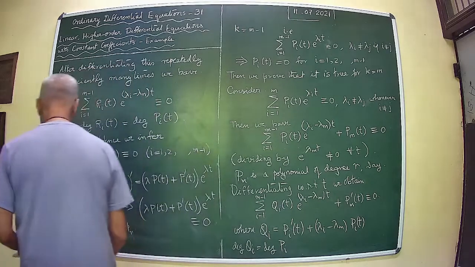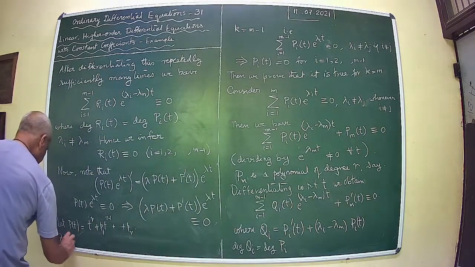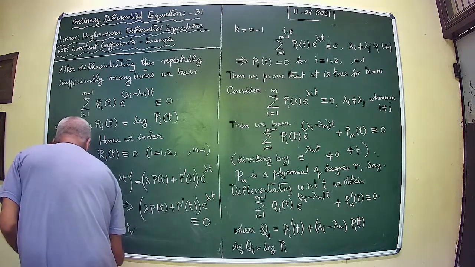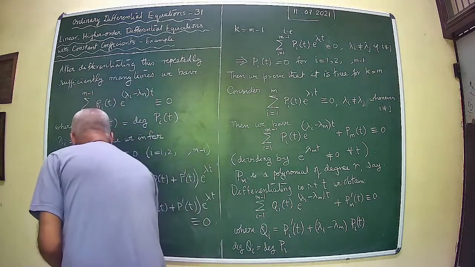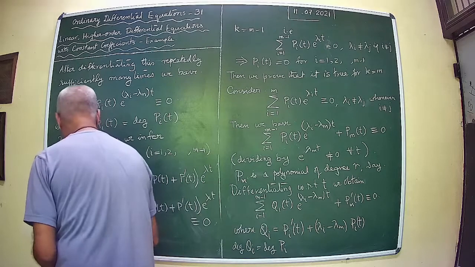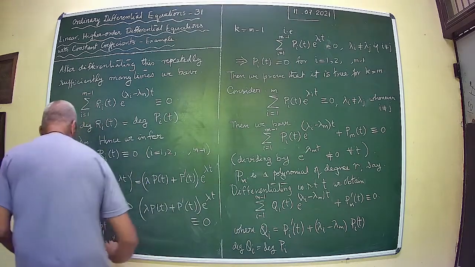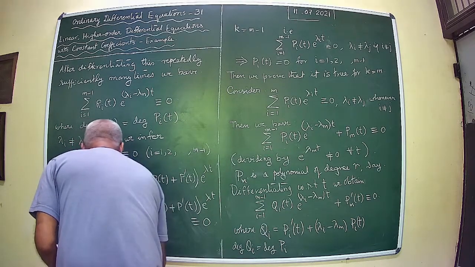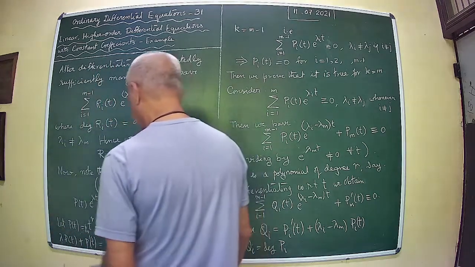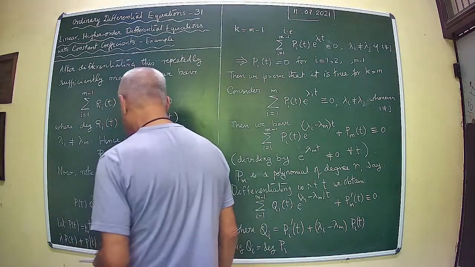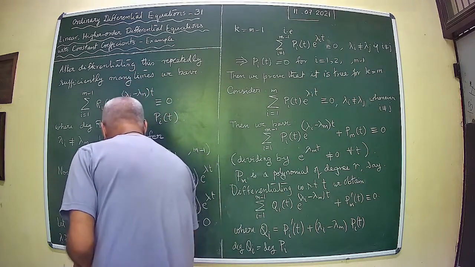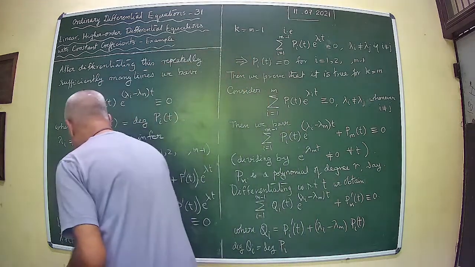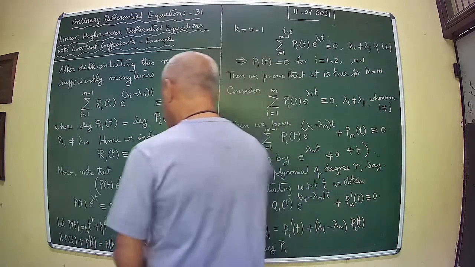Let us work it out. Then lambda times pt plus p prime t equal to lambda times p naught t to the power r plus and so on, plus pr. Plus, what is this p derivative?